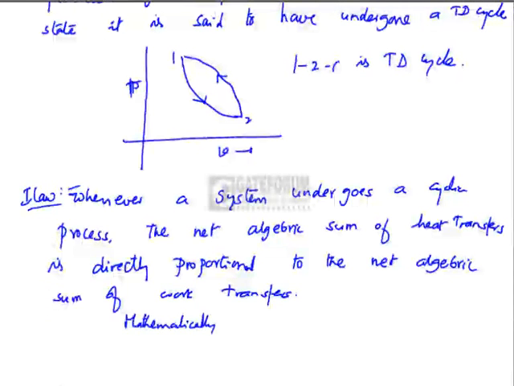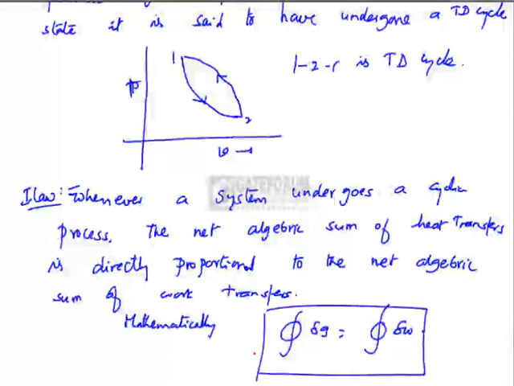Mathematically, cyclic integral of delta Q is equal to cyclic integral of delta W. This is the first law applied to the cyclic process.